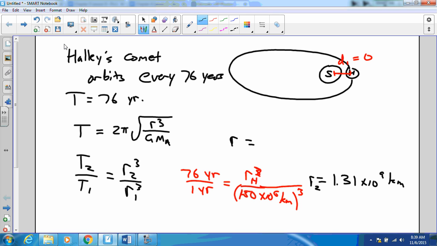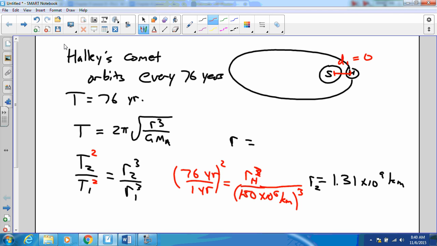Are the T's supposed to be squared? Now I'm getting 6.35. Hang on just a second. Apparently I'm doing this wrong. Oh. Yes, the T's are supposed to be squared. Thank you. Right. Correct. There we go. So this would be 76 squared right here. That's my issue.